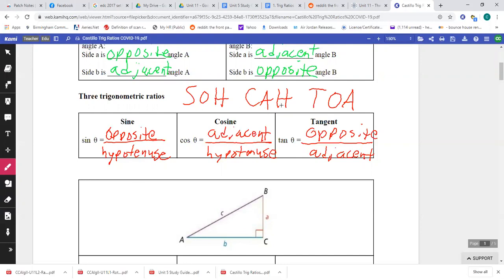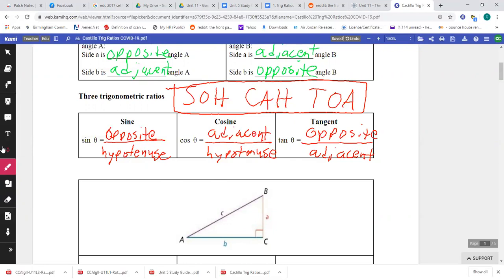Cosine has an A and H after, so that means it's adjacent over hypotenuse. And then tangent has the O and the A, so if I look at the angle, it's the side opposite over the side adjacent. And these are just fractions. They're ratios. They're nothing more than that, right? So this is super important that you know. It's the simplified version to remember what I wrote out there.